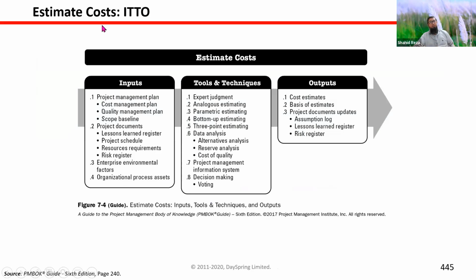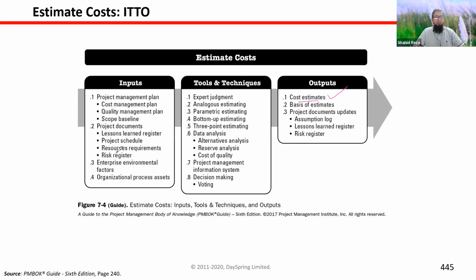All right. So now let us see the ITTO for estimate cost. So here our output is cost estimate. That means the cost for each and every activity. That is known as cost estimates.